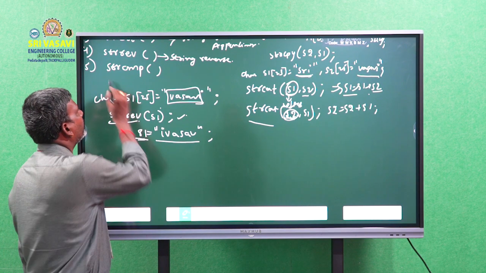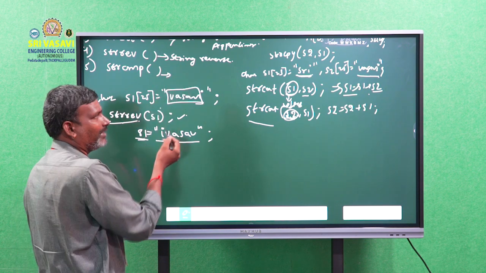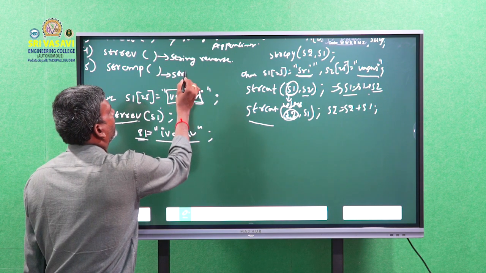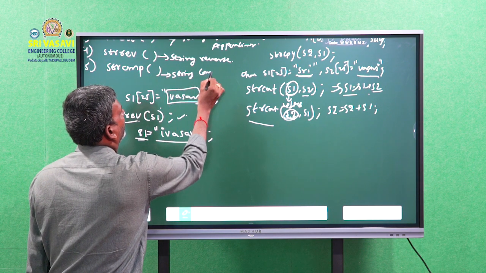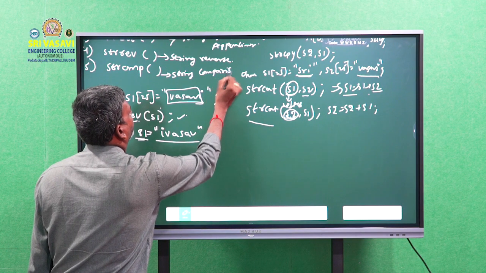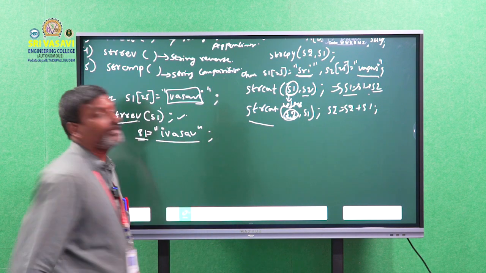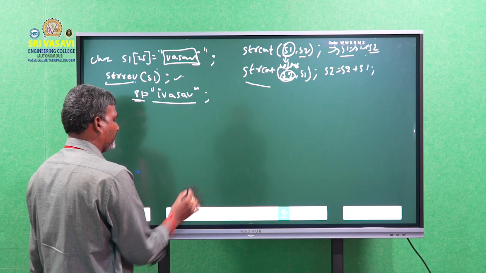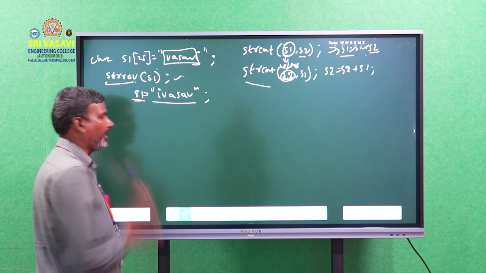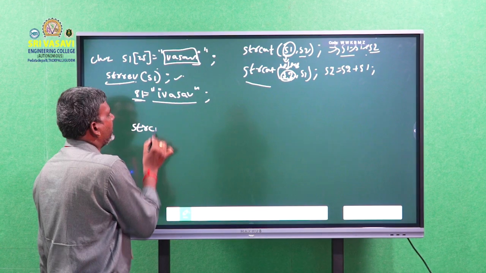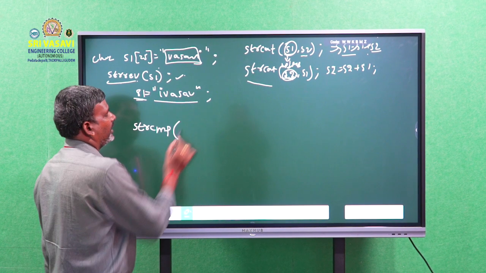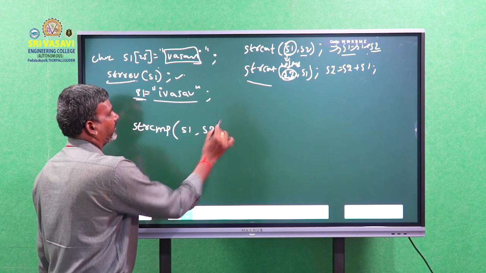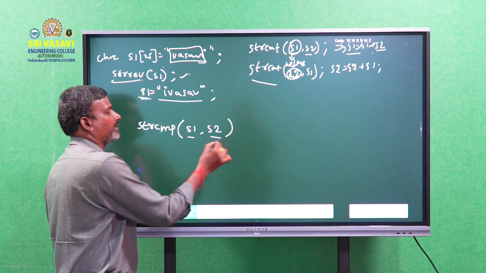And then the last one is strcmp, meaning string comparison. That means comparing two strings, which gives one result. strcmp of source comma destination, comparison of s1 and s2.